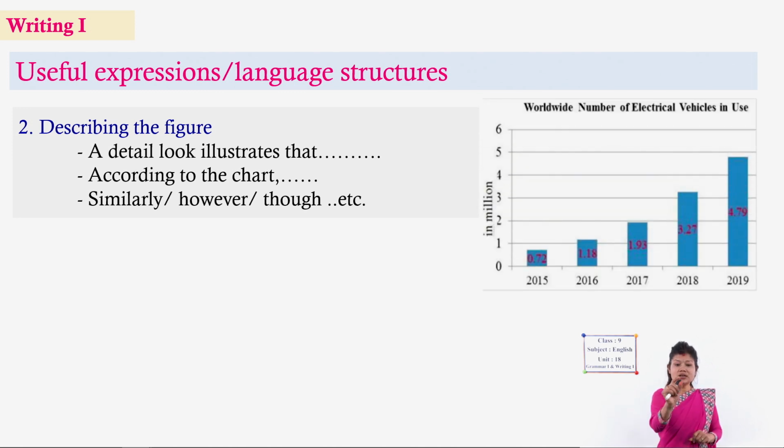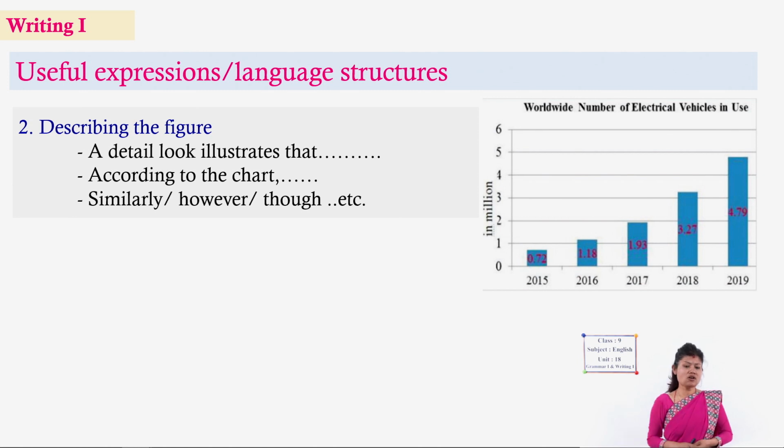For example, on the same figure, how can we describe it? See here, look at the data there: 2015, 0.72 million. On your left you can see in million, 1 million, 2 million, 3 million. So, the ratio is given there, and horizontally you can see 2015, 16 up to 19, and each bar represents a certain number of electrical vehicles.